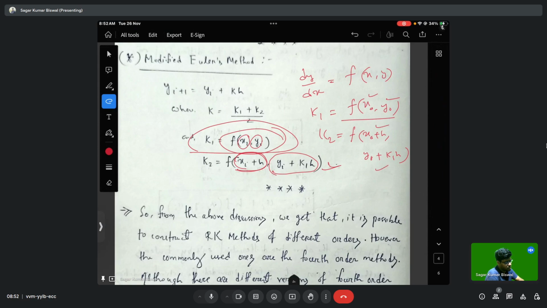The k1 is obviously this. Right? So just put these values in the function, and you will get your k1 and k2 and compute the result. You don't need to know the derivation exactly, just know the concept.